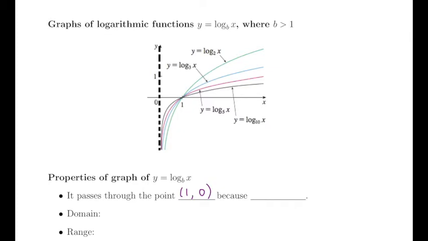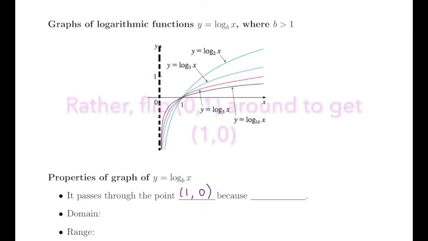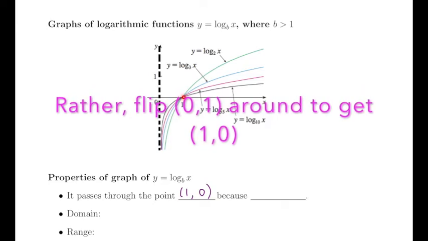Every point on the graph of the exponential function gets flipped around, meaning x becomes y and y becomes x in the inverse graph. And so since your exponential function goes through (0, 1), flip the x and the y coordinate around and you get (1, 0). That's where the inverse function goes through.